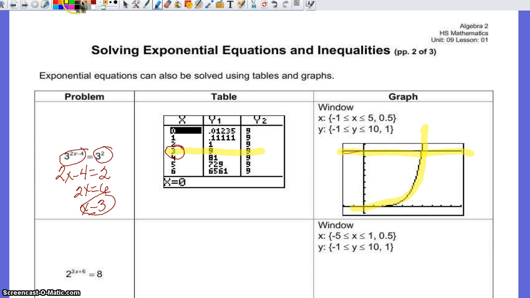I would find the point where the lines match up, which would be the point 3, 9 in this case, which tells me that my answer for x is 3. Now it's going to tell you also what to set your windows at.